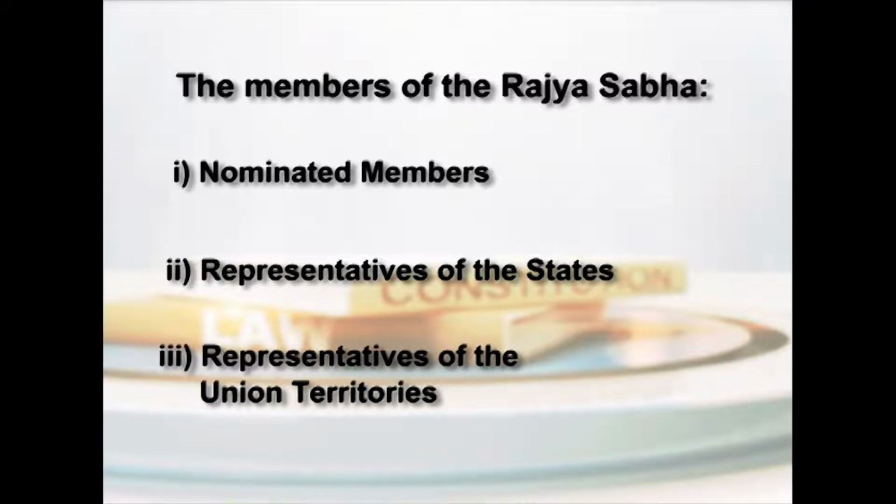The procedure of their election is laid down by acts of the parliament, and accordingly these members are elected indirectly by the members of an electoral college of that territory, by means of proportional representation with a single transferable vote system.